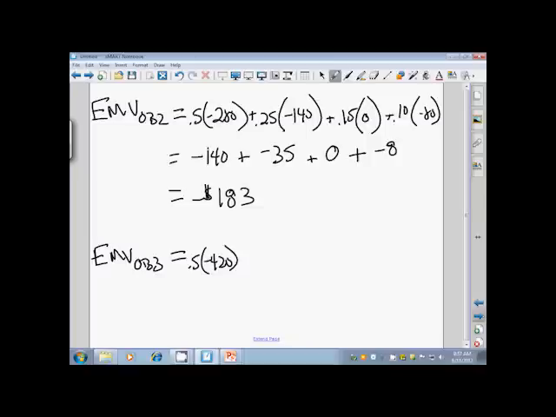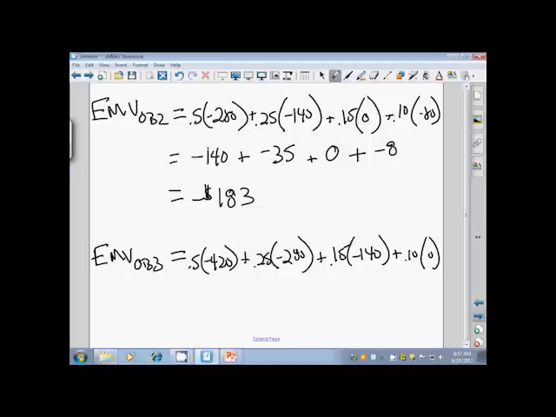If you overbook 3 rooms and you had 1 cancellation, a 0.25 probability, you're going to be out $280. If you overbooked 3 rooms and you had 2 cancellations, a 0.15 probability, you were out $140. And if you overbooked 3 rooms and you had 3 cancellations, a 0.10, you would be out nothing.